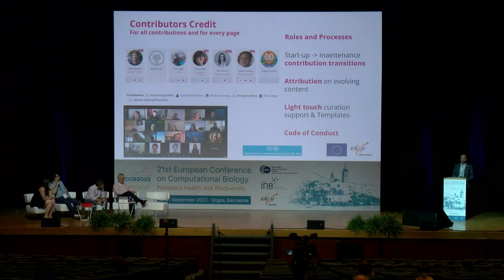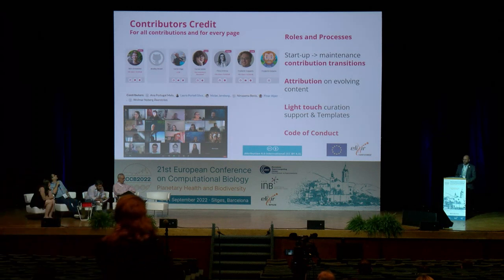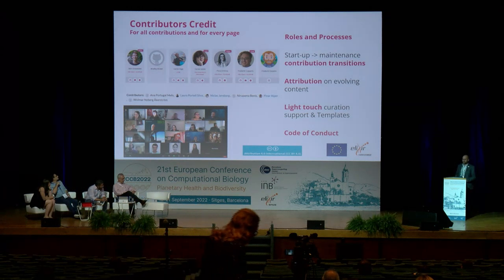Our main way is GitHub, but we also use Google Docs to make it really accessible for everybody, regardless of your technical skills. And we take great care of contributor credits, because it's extremely important that we recognize who has been contributing to this resource, and we try to make a safe environment through, for example, our code of conduct.